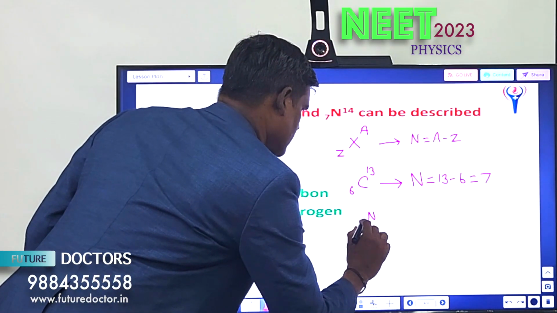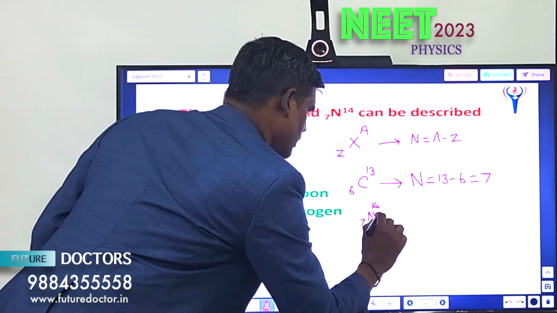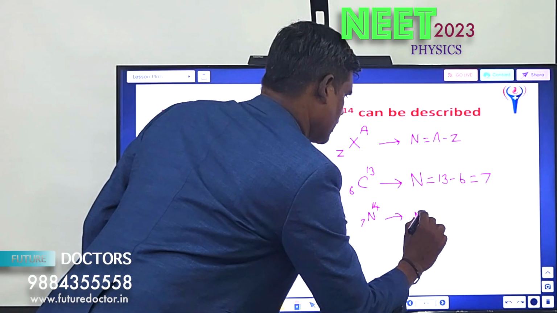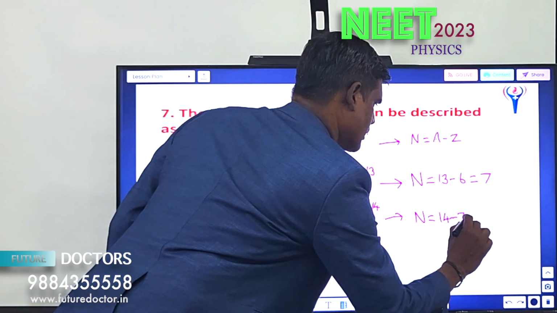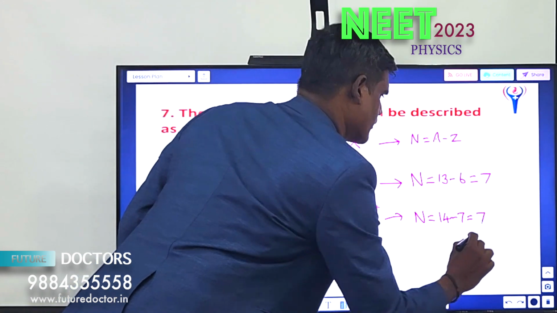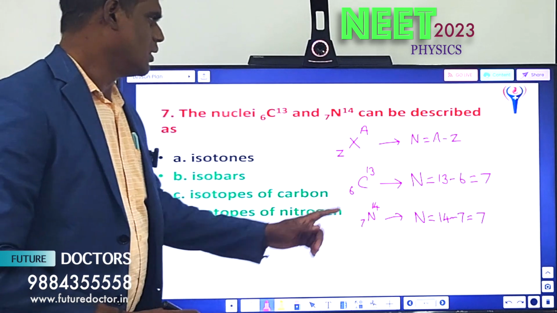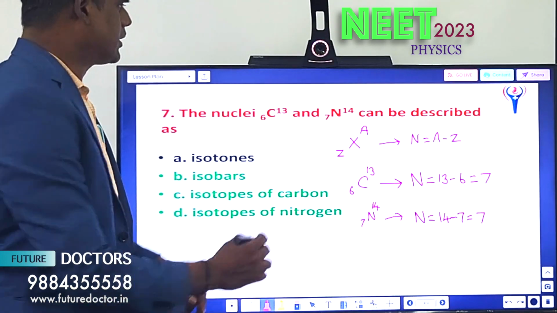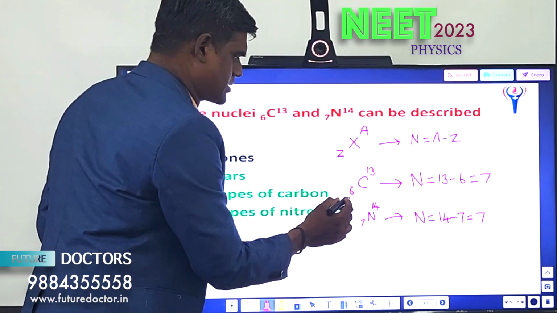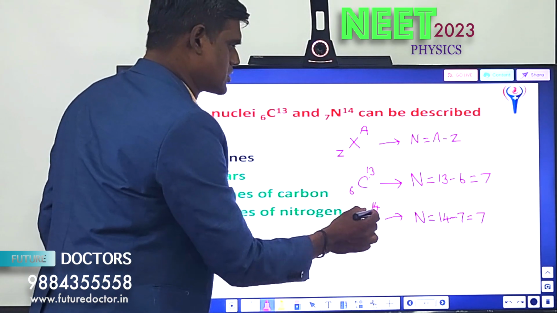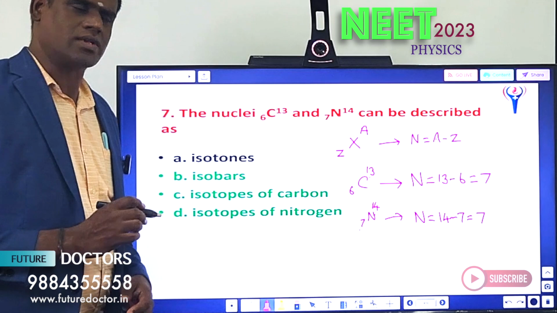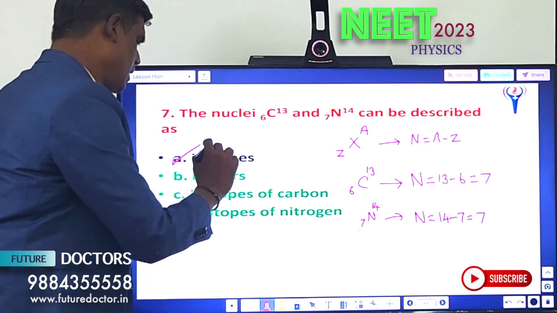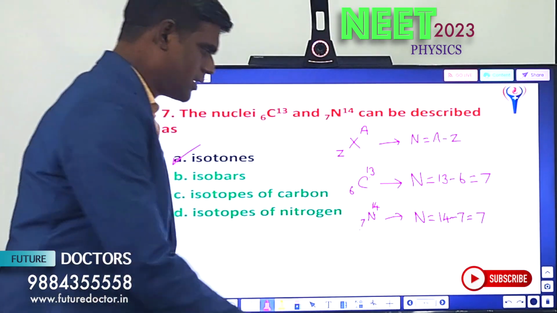N 14 7 gives N equal to 14 minus 7, which is equal to 7. Okay. So, same neutron number. Different atomic number, 6 and 7. Different mass number, but same neutron number. That is called isotones. So, option A, isotones, is the correct answer.